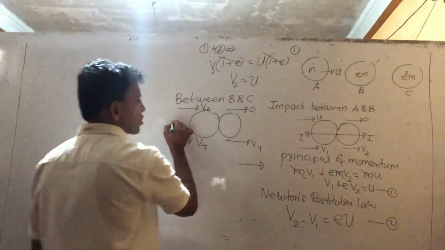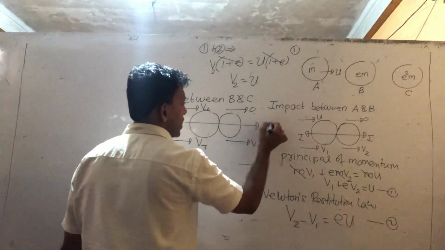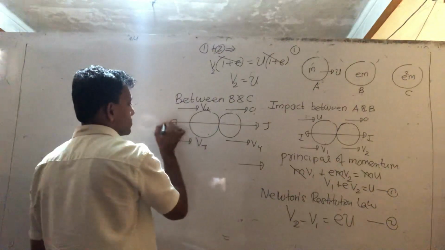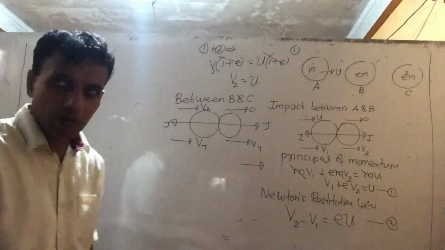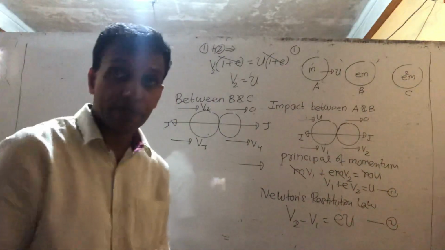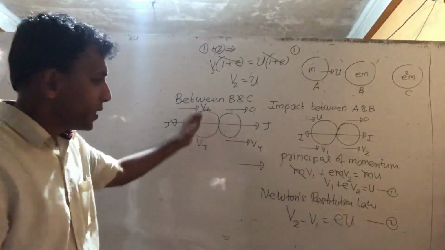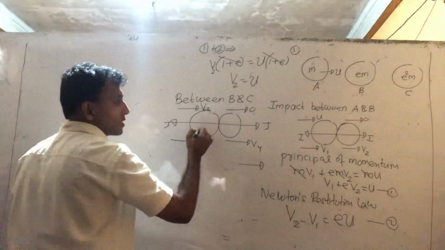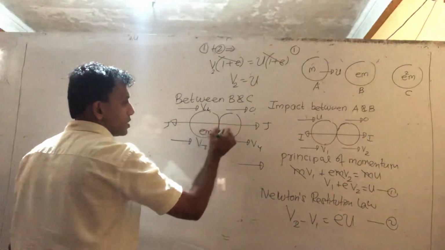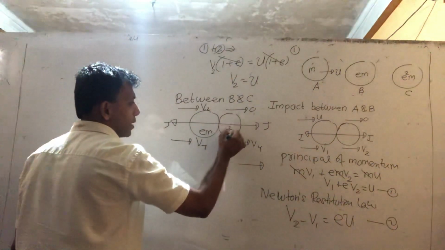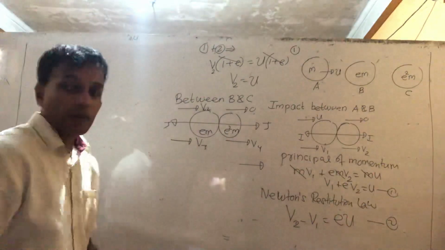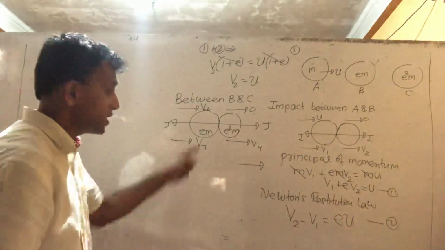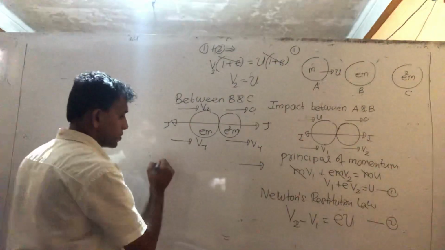Also, if I show the complete method, the impulse here is J, a different impulse. Some questions ask you to find the I value or the J value. So I apply the same method, the principle of momentum. Your mass is em and this is e square m, for the second collision in that direction.